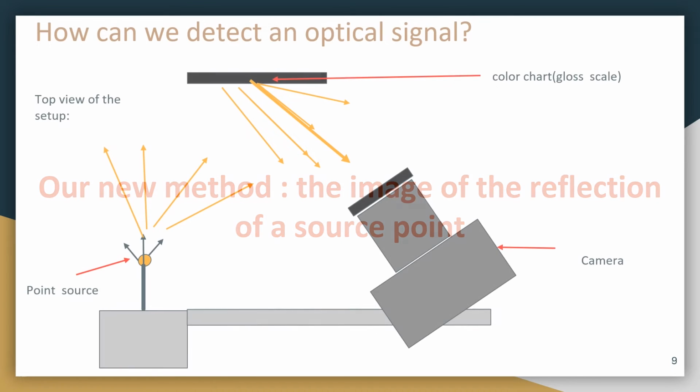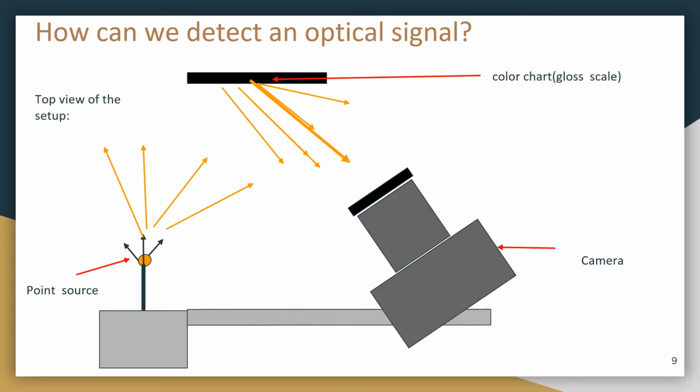So, how can we detect an optical signal? Our new method consists in analyzing the image of the reflection of a source point. So we use the following setup, which is using a source, a color chart, and a camera on a movable platform. So the light is reflecting on the color chart and detected by the camera.